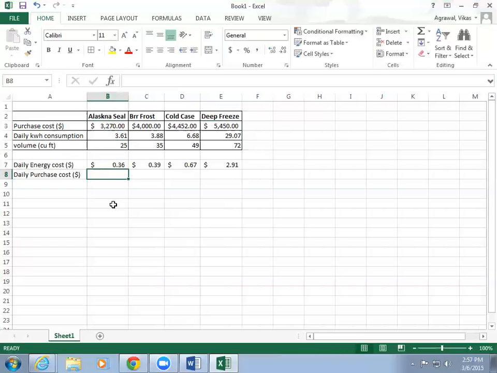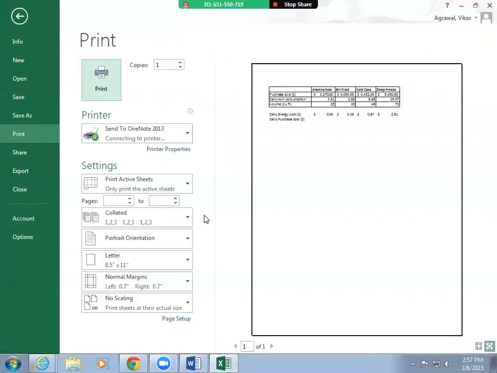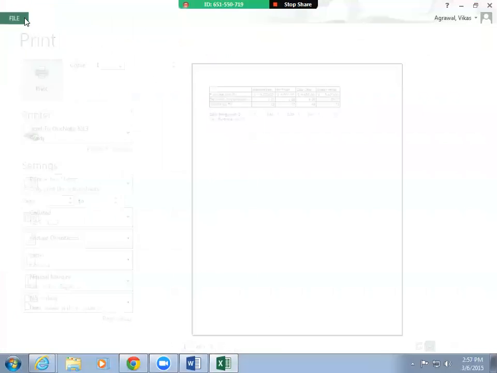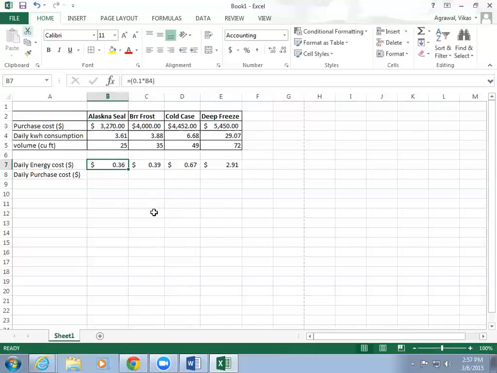Where did you get the daily energy cost? It's given in the book, 10 cents per kilowatt hour. Jump back up to B7, right? Times B4. Oh, I'm sorry, hold on. I wanted to say F. 10 cents times, I did divide.